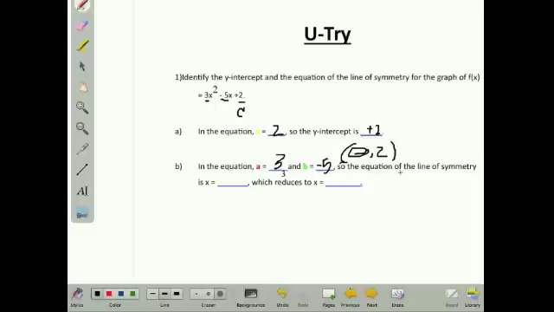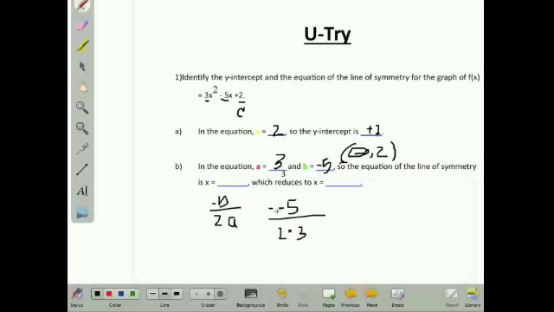So the equation of the line of symmetry, that's going to be a dotted line that runs equidistant to both sides of the parabola. Our equation is negative b over 2a. So we plug in our values. It's going to be the opposite of negative 5, over 2 times whatever my a is. In this case, it's 2 times 3.